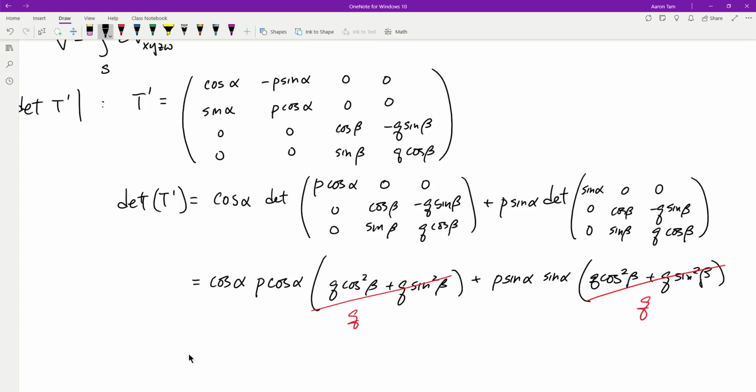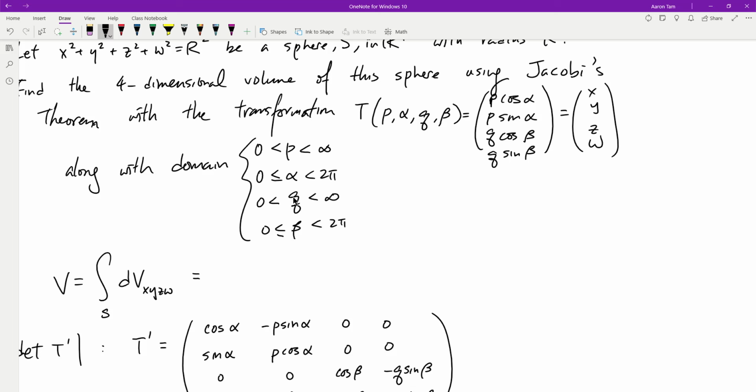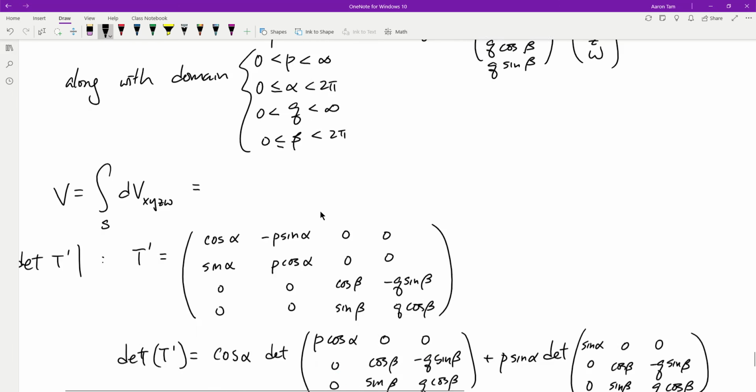Now if I look at what I have, I actually have PQ cosine square alpha plus PQ sine square alpha. Notice that's the exact same thing that we just did. I can just factor out PQ, and the cosine square and sine square alpha just go away. That gives me our Jacobian determinant. I don't need the absolute value because P and Q are by design positive real numbers anyway.